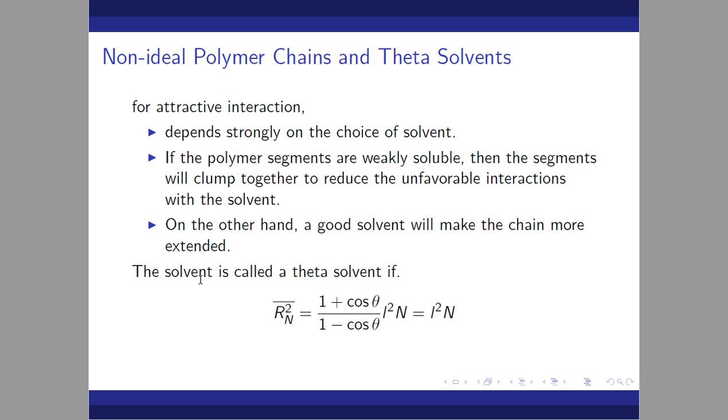Okay, the solvent is called the theta solvent if R_n squared equals this equation, the freely jointed model, equal to L squared times n. This means that cos theta is 90 degrees, so we have 1 over 1, L squared times n.